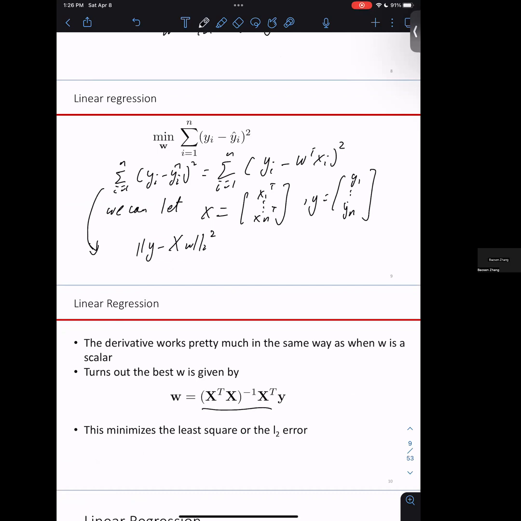You can see that if you want, you just directly do a derivative. Turns out this is the result that will minimize, so this will give you the smallest error.